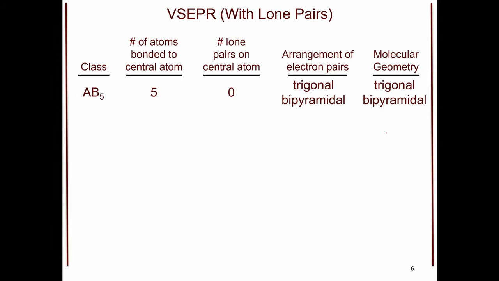Let us now go to our expanded valence, and that is the AB5 group. So originally we would have 5 attachments with no central lone pairs, and we would call this the trigonal bipyramidal. But now what we can do is go to the AB4E group. So this means that we are going to have 4 atoms bound to our central atom. We are going to have 1 lone pair.